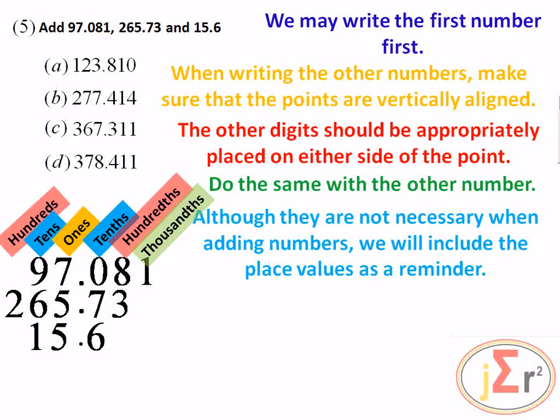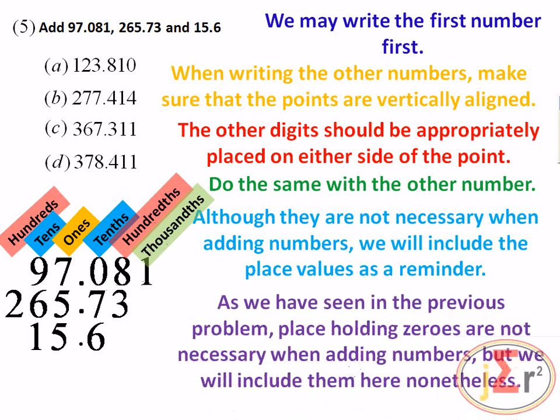We do not have to have them in order to add the numbers, but including them is very useful at this stage in which students are required to know and understand place value. After the decimal point on the right side, we have the tenths, then the hundredths, then the thousandths.